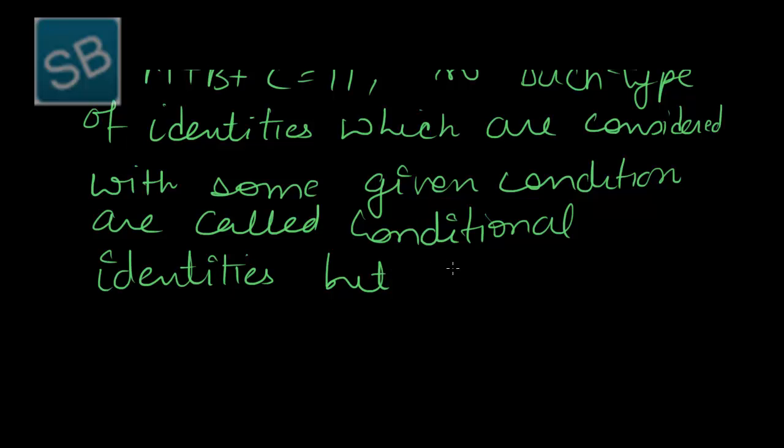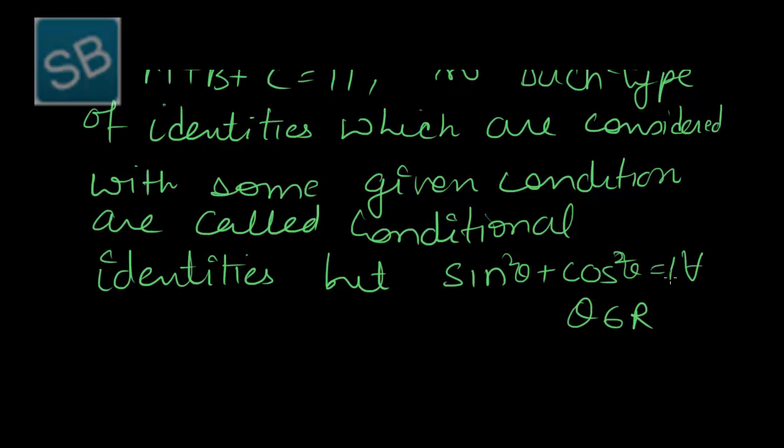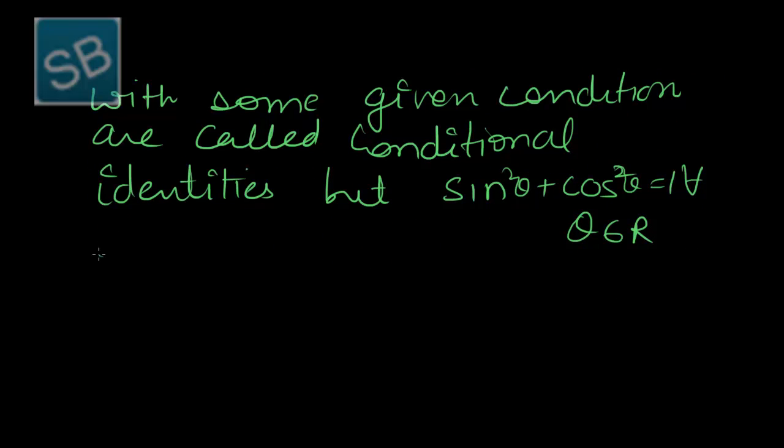But identities like sin square theta plus cos square theta is equal to 1, which is valid for all theta belonging to R, are not conditional identities.